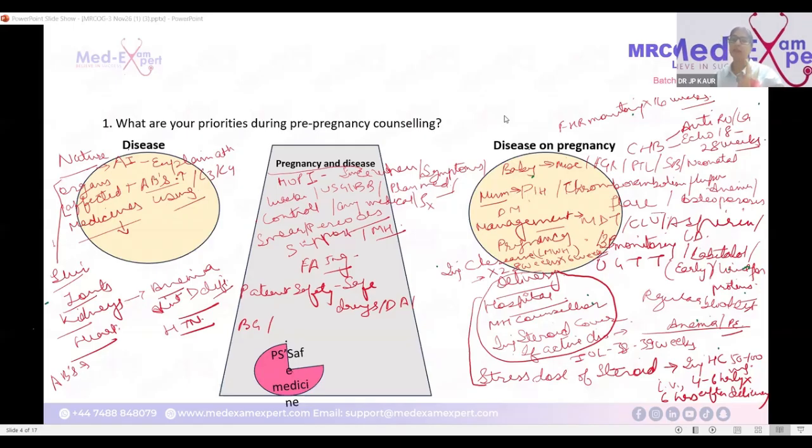Up to 28 weeks, it may cause congenital heart block in the fetus. So that's why we watch this. And we do echo twice, at 18 and 28 weeks. We monitor the fetal heart rate from 16 weeks onward with the regular ultrasounds, which are indicated for fetal growth monitoring also. And it is done fortnightly, meaning every 2 weeks.